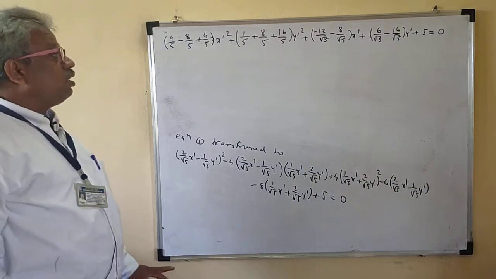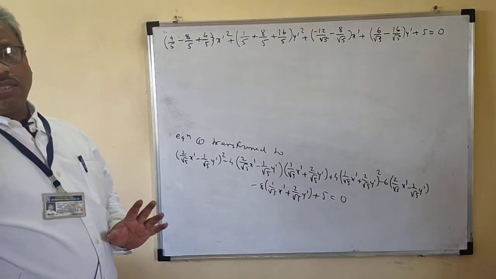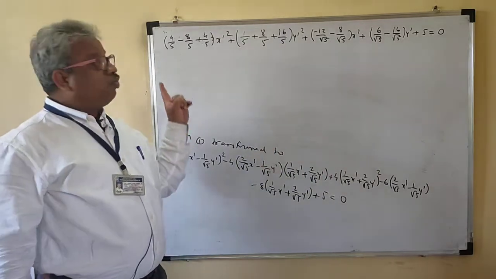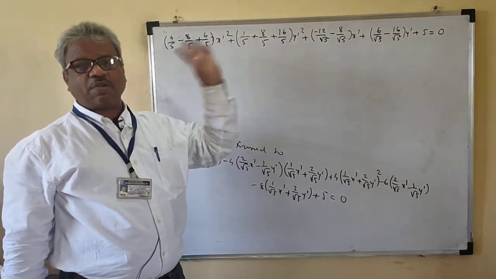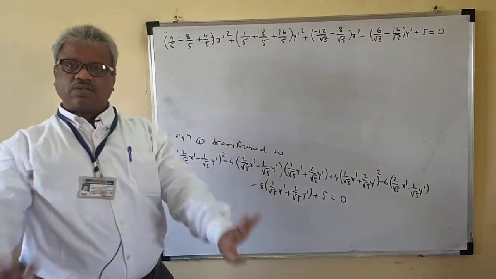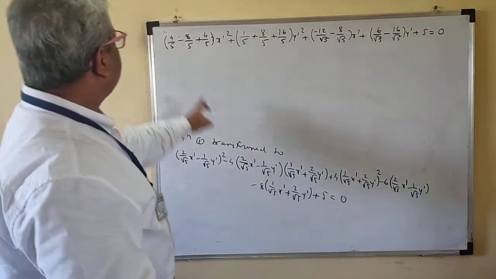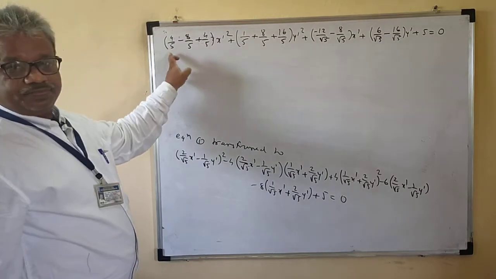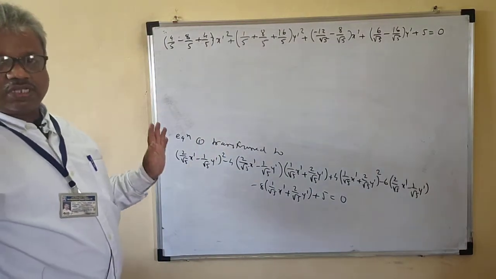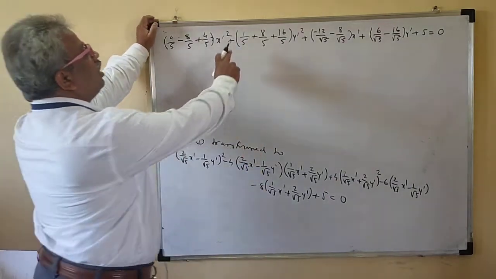Okay. So now it is a parabola. One thing you should note is that one of the coefficients of x prime square or y prime square must be 0. If it is not 0, that means our sin theta and cos theta are wrong. Now see here, this is 0 here. So that means your sin theta and cos theta are correct. Okay. So we will collect this.